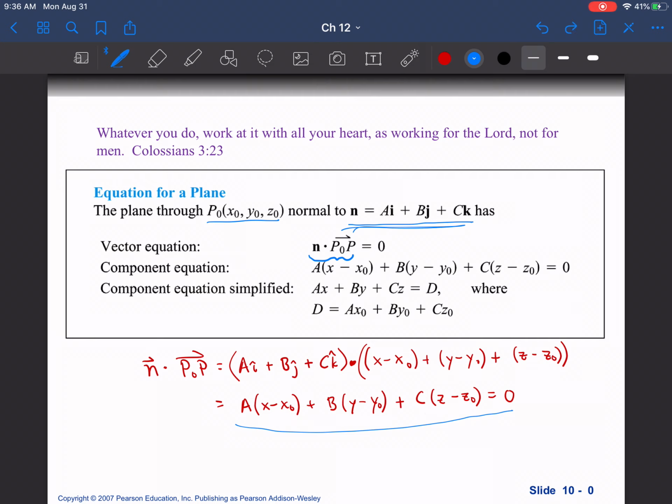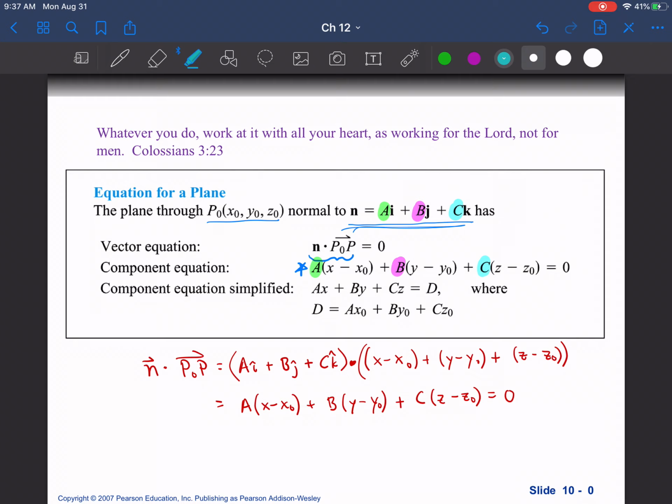You can see that the coefficients out in front of the parentheses, you can just read them off. They correspond directly to the components of our normal vector, and you see them right there. One last thing you can do, in the next line, is expand everything else: multiply the a through the parentheses, the b through the parentheses, and the c through, and then move all the constants to the right-hand side.